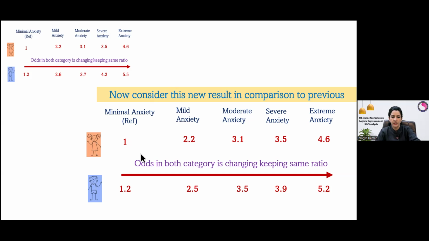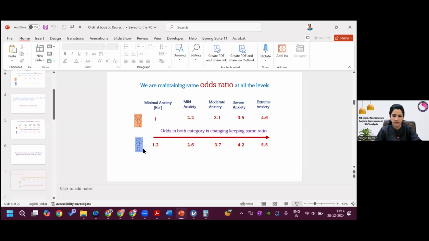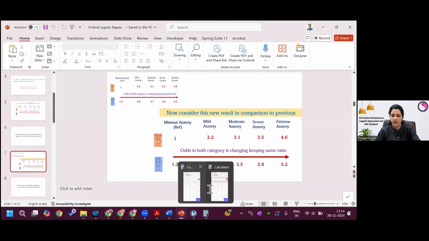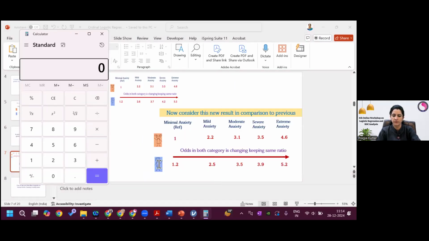So in the first case, the odds ratio is 1.2. So I will calculate this. This is 2.5 and 2.2. So 2.5 divided by 2.2.